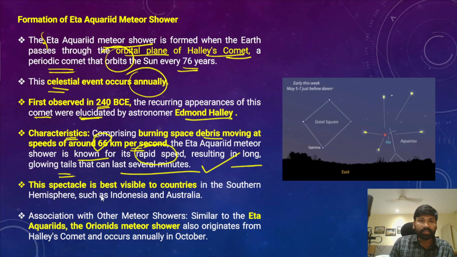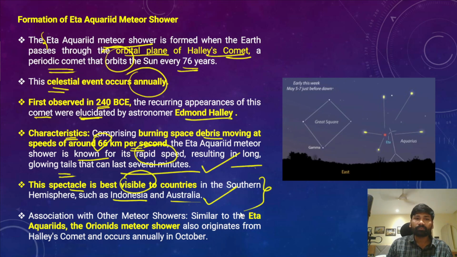This spectacle is best visible in countries located in the southern hemisphere. They include Indonesia and Australia, because both are located in the southern hemisphere.